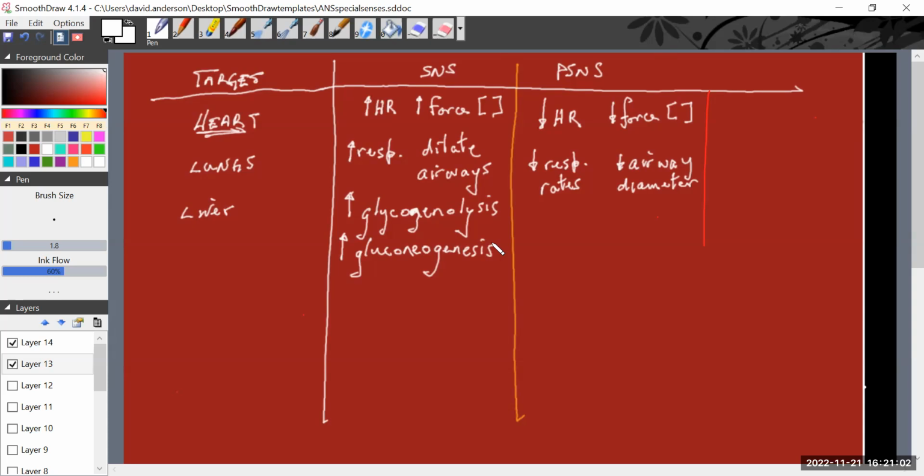The liver also can increase gluconeogenesis. What does gluconeogenesis mean? Production of glucose. Right, but what kind of glucose? From where? This is stuff we talked about. From the diet.